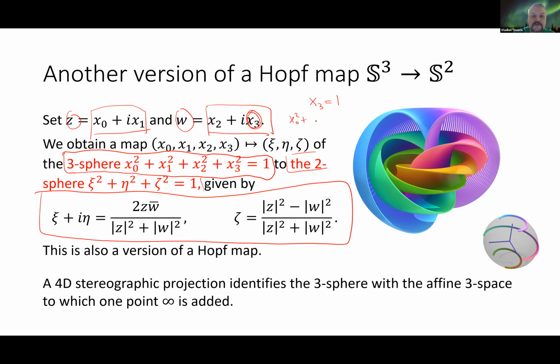We use this equation: x0 squared plus x1 squared plus x2 squared plus x3 squared is equal to 1. So we restrict to the sphere. And this is also a version of the Hopf map. And in this case, this is a map from the three-sphere to the two-sphere.